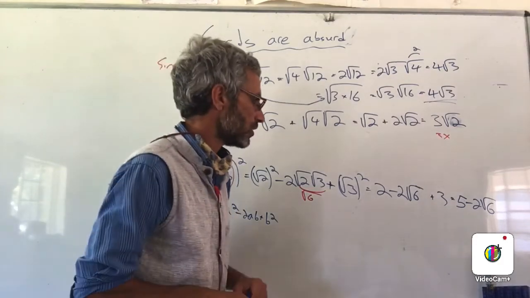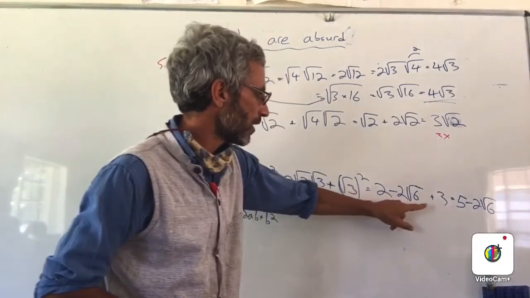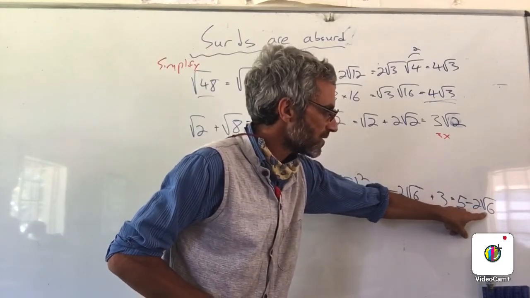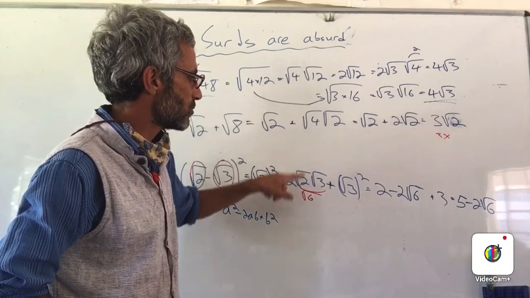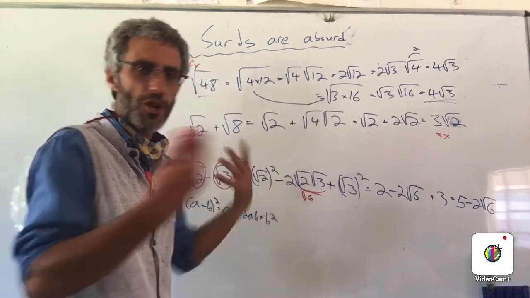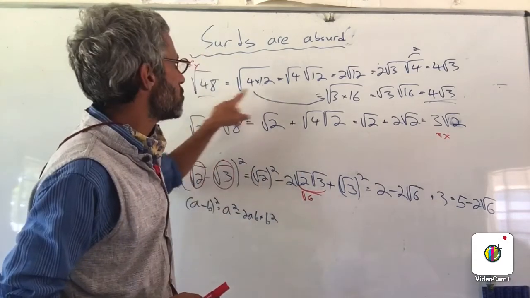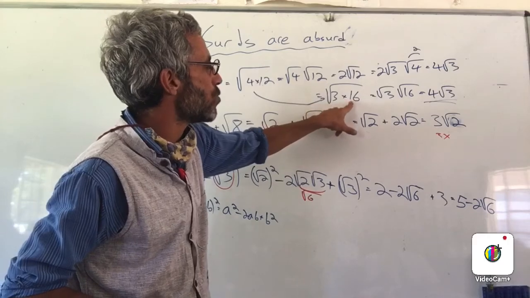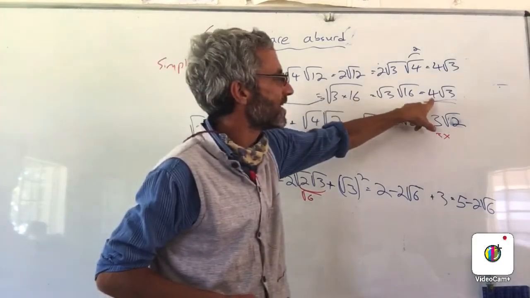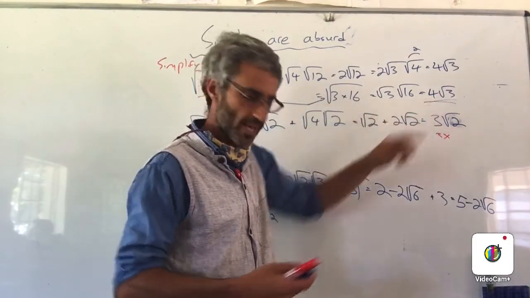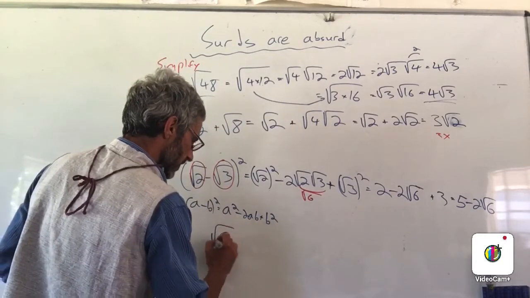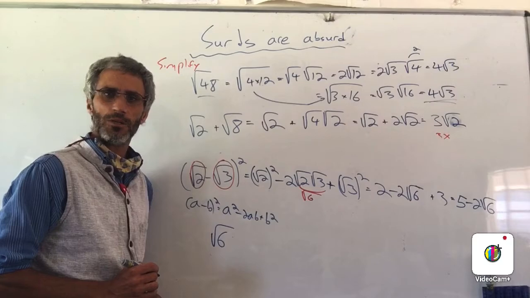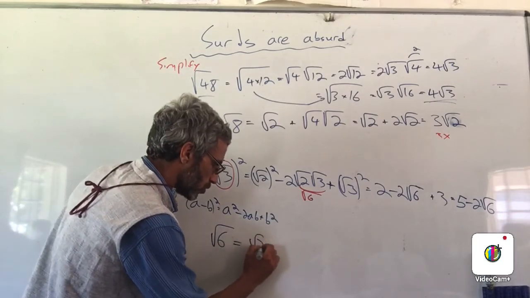I'll just say one more thing and then I'll answer the question. The square root 6, you might think, hang on, do I need to split it? Should I split it back to square root 2 times square root 3? No. You only do that little split if you can get one of them as a perfect square and then it comes out. You understand what I'm saying? If I give you a question like this, square root 6, simplify it, you don't want to write square root 2 times square root 3.